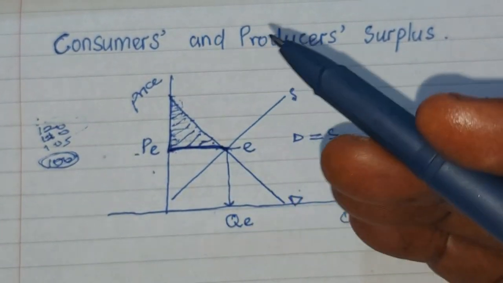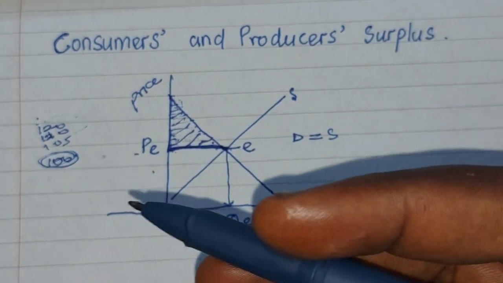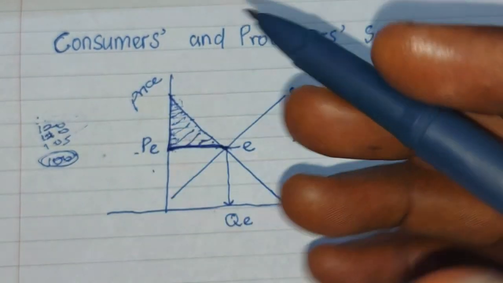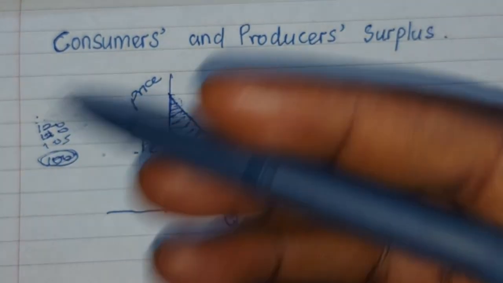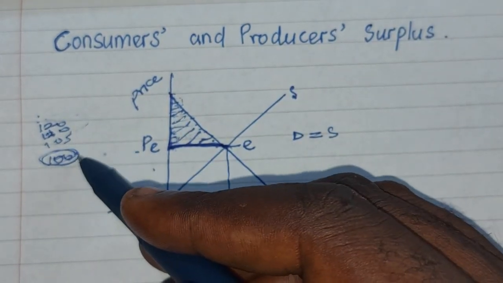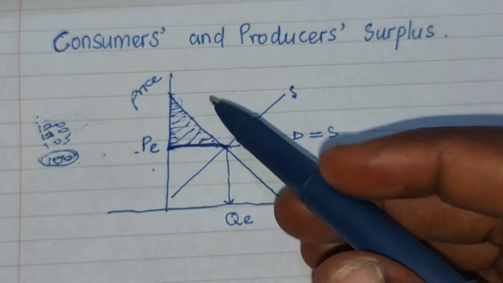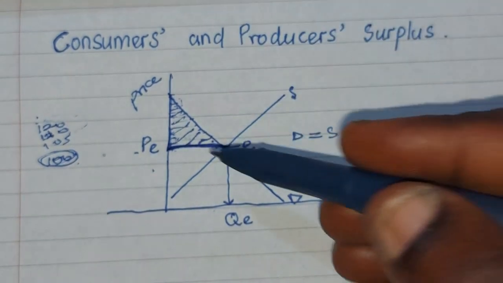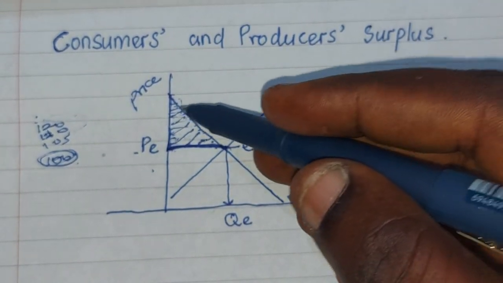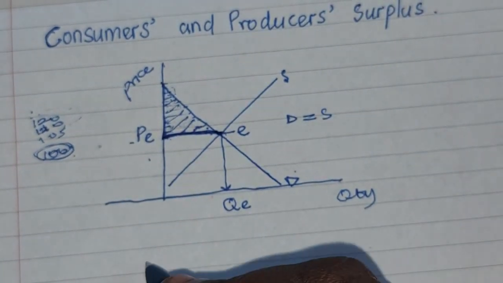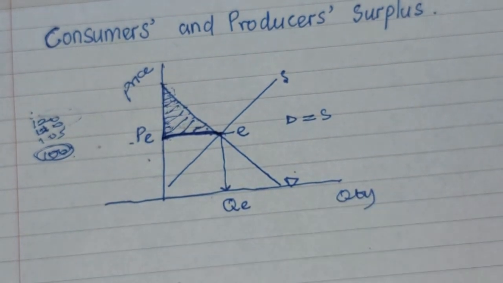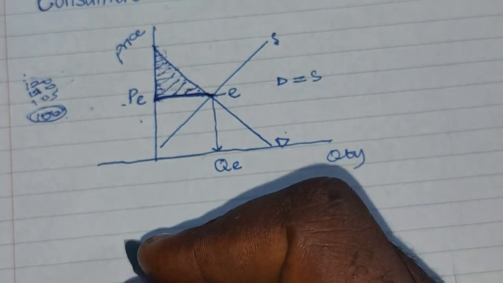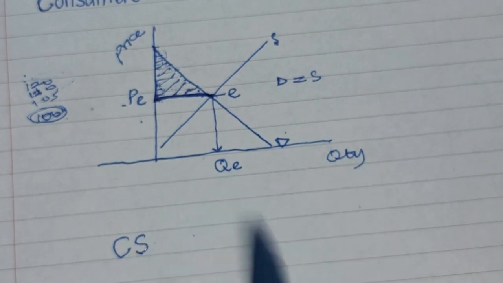They are gains. When you can pay 120 for that good, you can pay a price higher than the equilibrium price. So the difference is called the surplus, and this surplus can be calculated using the integration application of calculus. So we have consumer surplus.